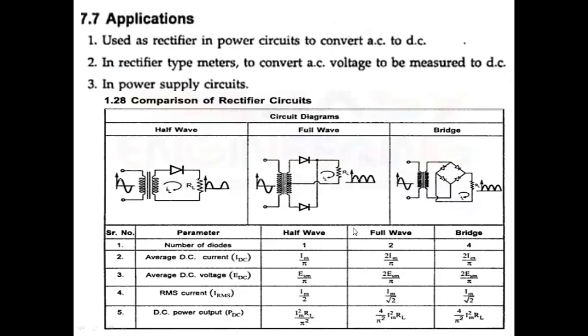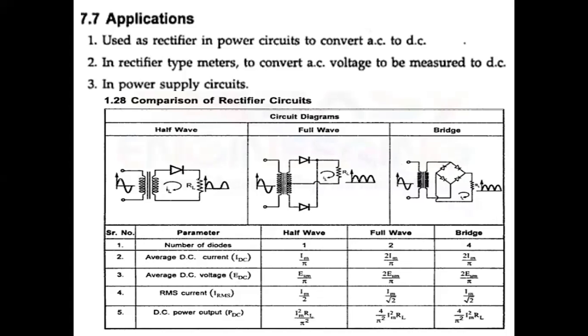There is a comparison between the half wave, center tapped full wave, and bridge full wave rectifier circuits given here. This comparison is also very important, and they will also ask the comparison. The full wave equations are almost the same when compared to half wave.